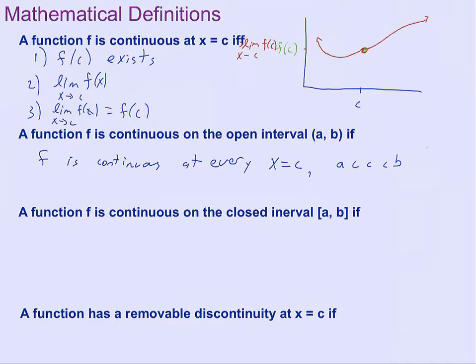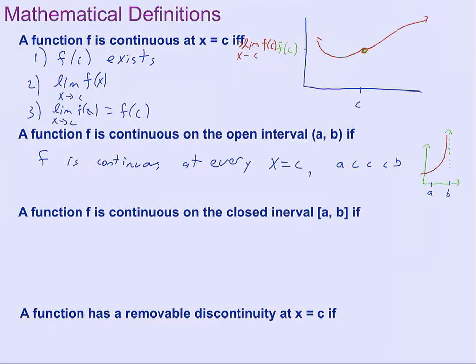So to give you an example of a function that is continuous on an open interval, I can draw a function, here let's put a and b on the x-axis. I can draw a function that, even though it might not be continuous at the point x equals b, is continuous everywhere between a and b.